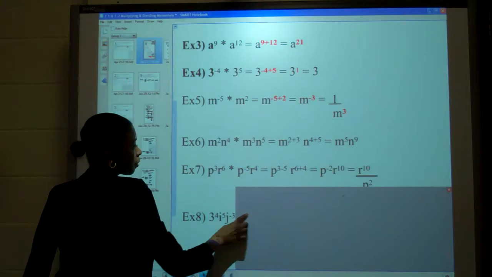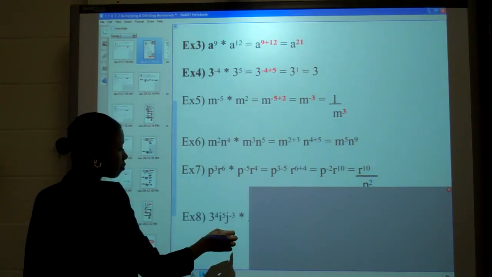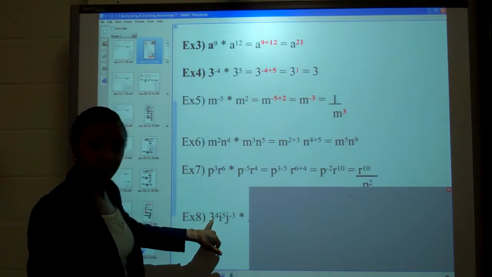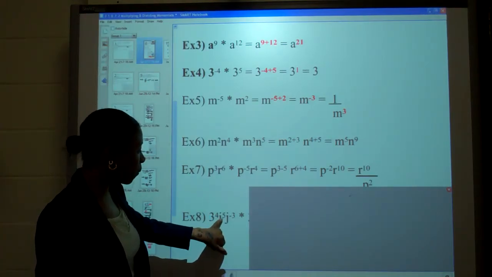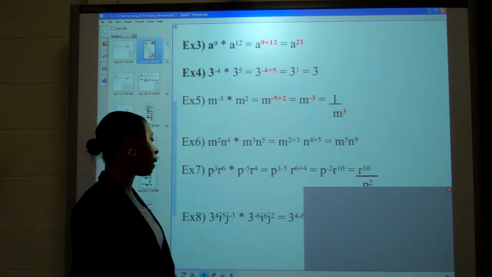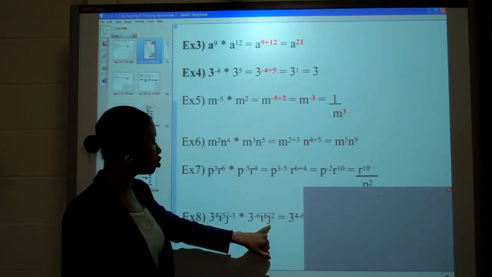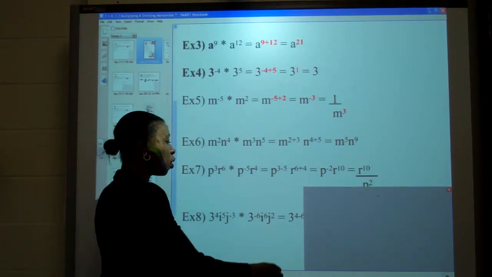Okay, example number 8 we have here. We have 3 raised to the 4th power, i raised to the 5th power, j to the negative 3rd power, being multiplied by 3 to the negative 6, i to the positive 6, j squared, equals what?